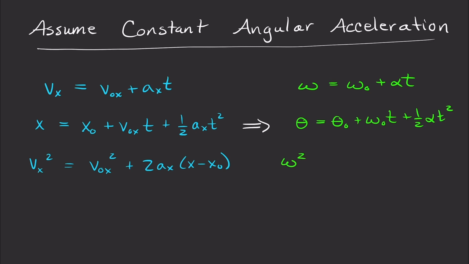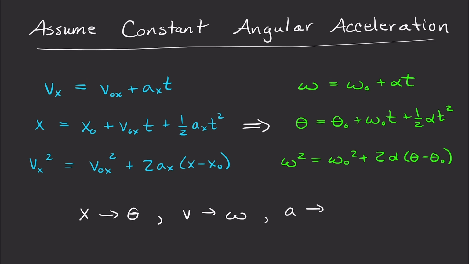And then we get omega squared equals omega naught squared plus 2 alpha times theta minus theta naught. So here we basically took all of our linear variables and turned them into angular variables. So x became theta, v became omega, and a became alpha.